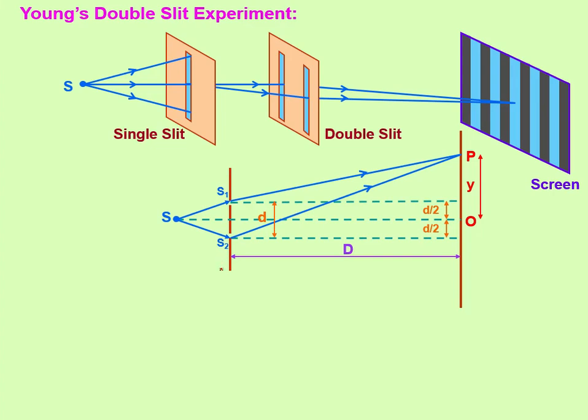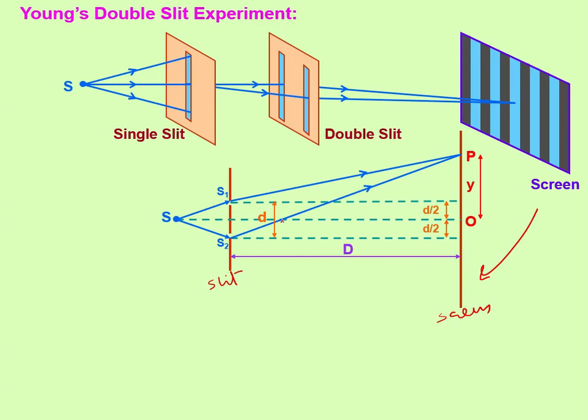So these are two slits of width w, at locations S1 and S2. The separation between the two slits is small d. The distance between the slits and the screen is capital D. Notation: small d is the separation between two slits. Capital D is the distance between slit and the screen.